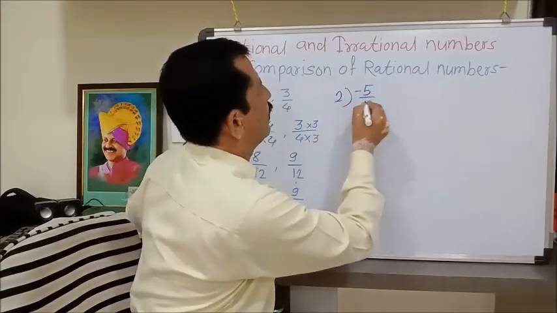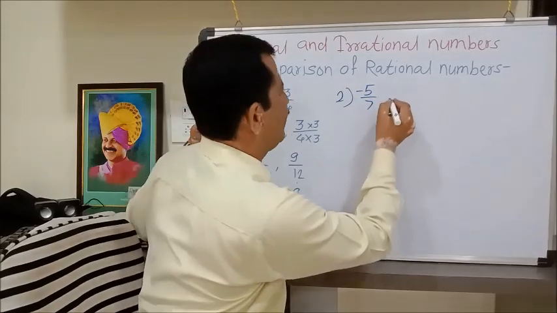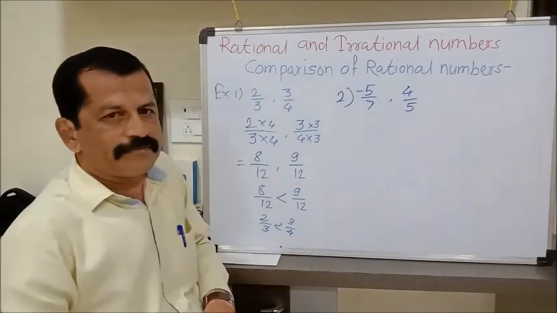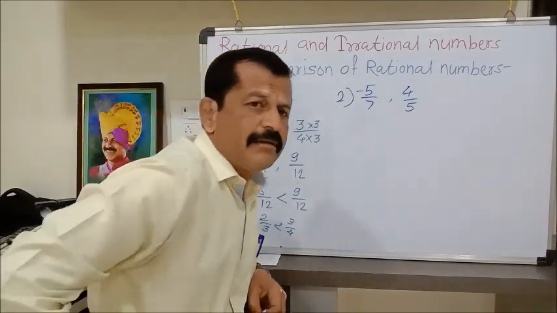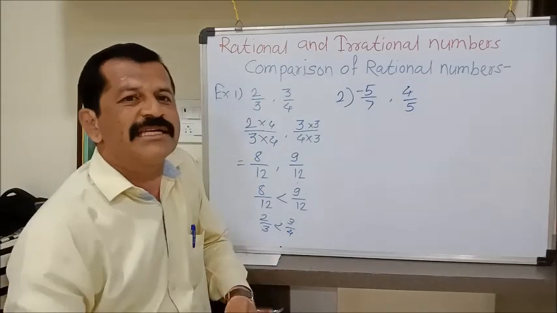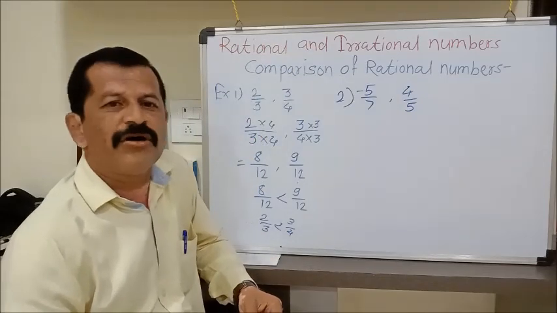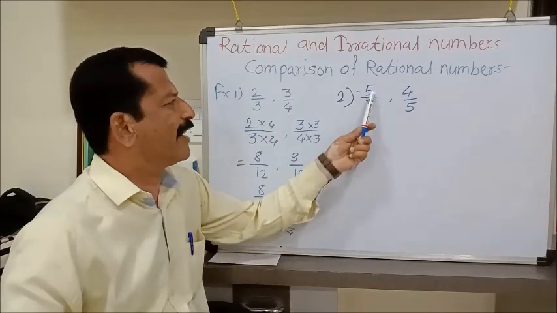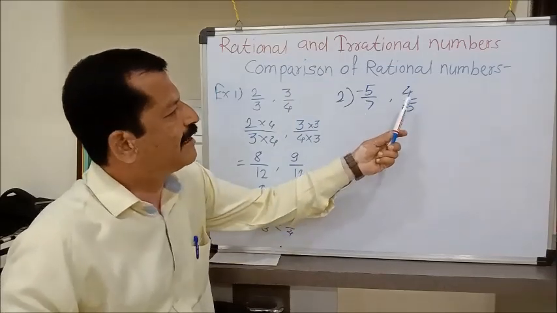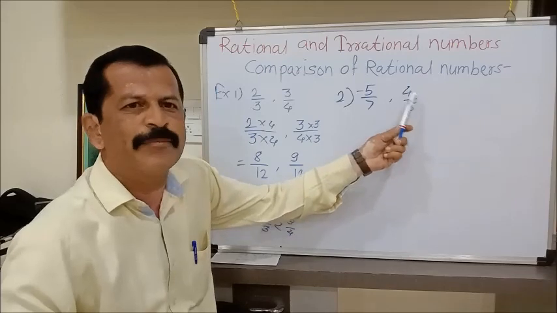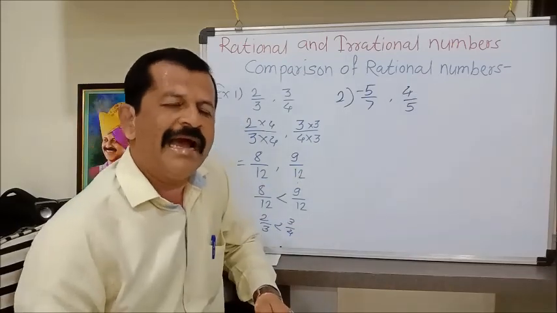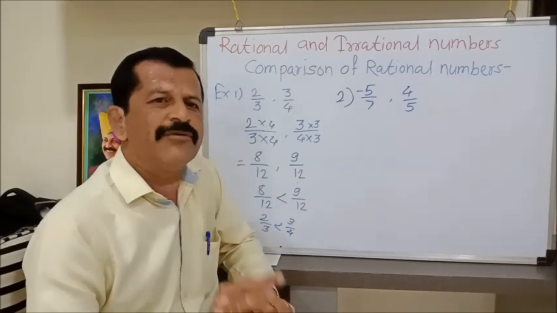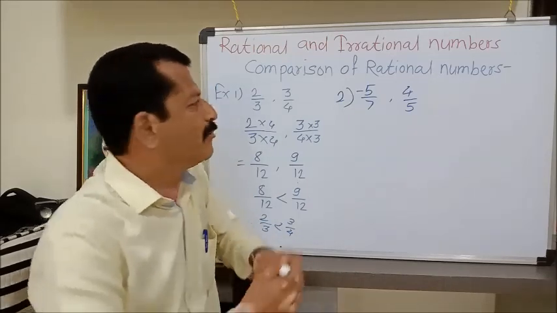Okay, let us take another example. Negative 5 by 7 and 4 by 5. Here we don't have to equalize the denominators, because the first rational number, negative 5 by 7, is a negative rational number, and the second rational number, 4 by 5, is a positive rational number. We already know that every positive number is greater than a negative number.